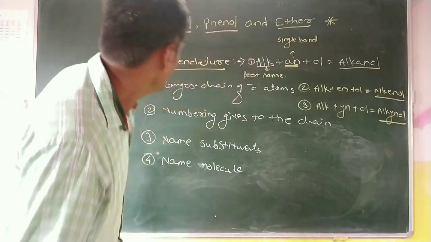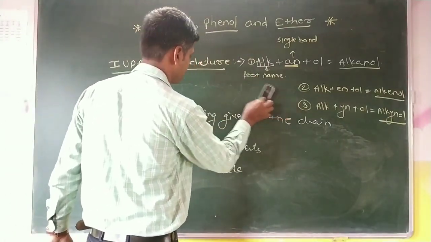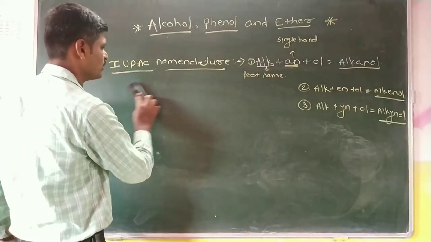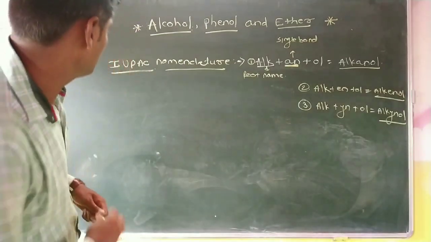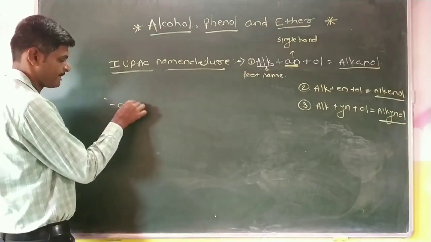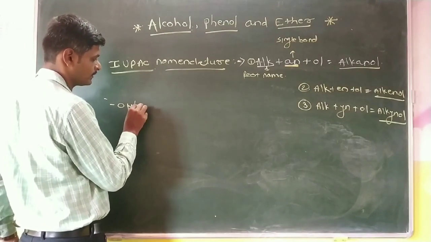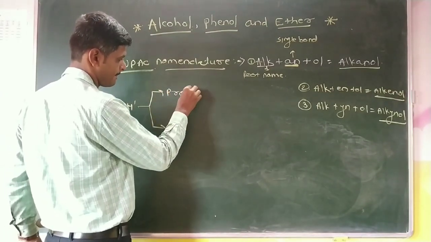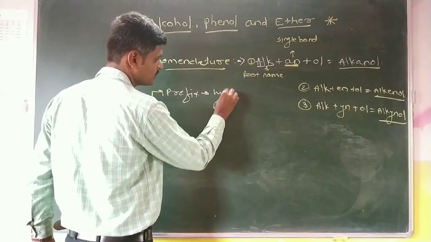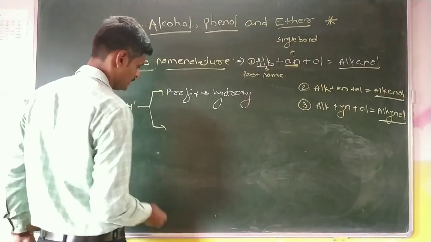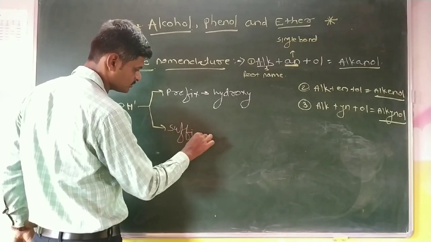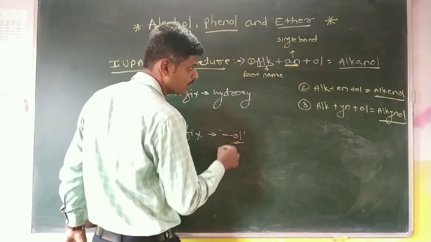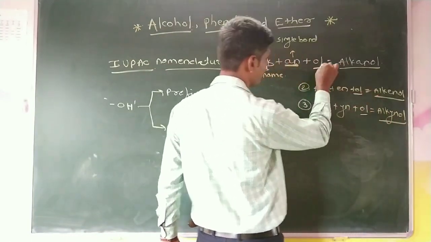Before starting the IUPAC nomenclature of alcohol, this hydroxy group contains a prefix. The prefix is hydroxy, and the suffix of the OH group is ol.